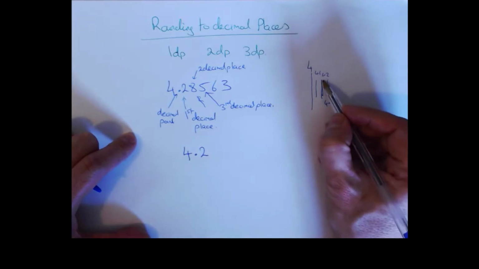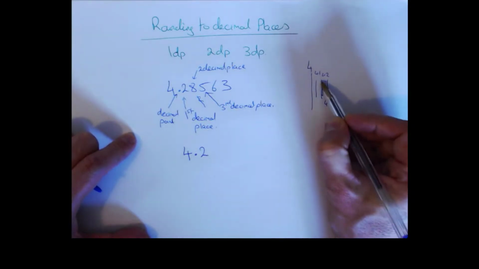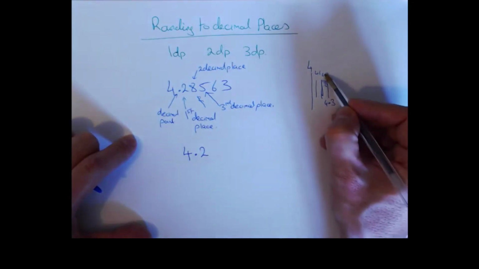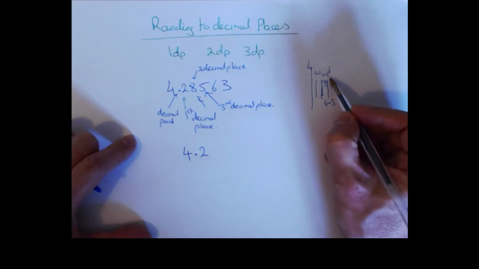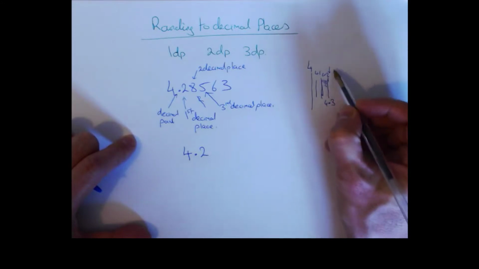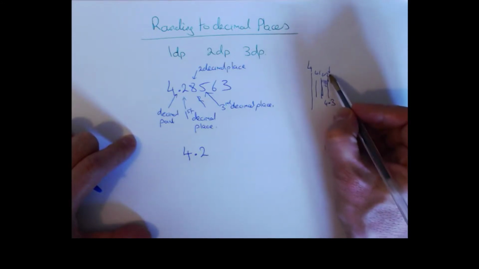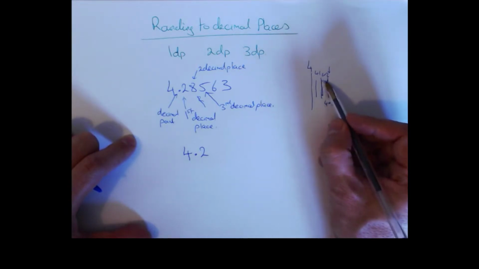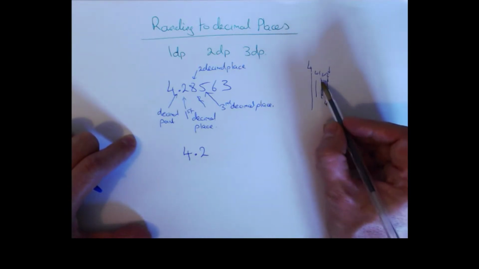So 4.21, 4.22, 4.23, 4.24, 4.25, 4.26, 4.27, 4.28, 4.29, 4.3. That's how you count when you're counting in 1 decimal place. So you can see that the counting bit between 0.2 and 0.3 is 1, 2, 3, 4, 5, 6, 7, 8, 9, and then this one. So it's our distance across.